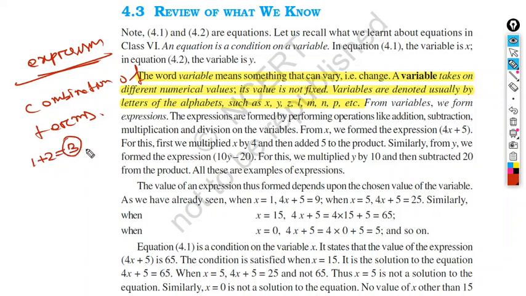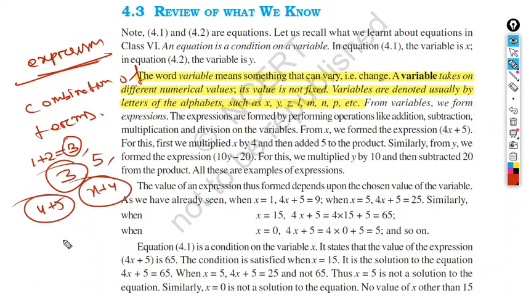So we can say 3 is an expression, 5 is an expression, 4 plus 5 is also an expression, x plus 4 is also an expression, x plus y is also an expression, x plus y minus z is also an expression.